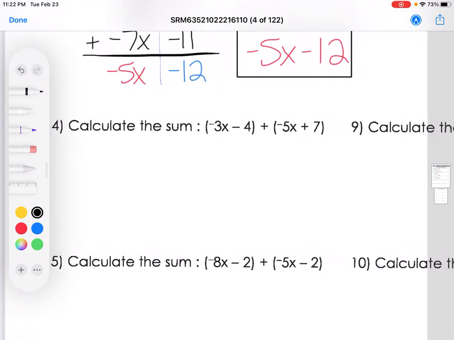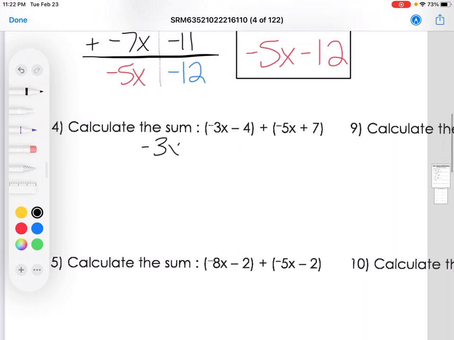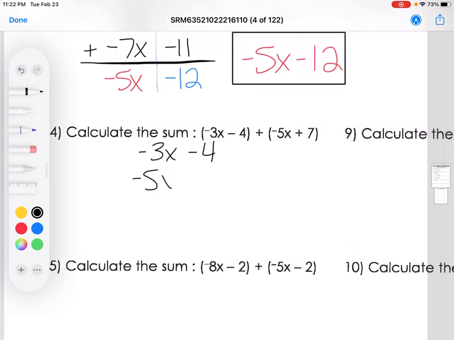Number 4, negative 3x minus 4 and negative 5x plus 7. So first I'm going to solve negative 4 plus positive 7, which is 3.